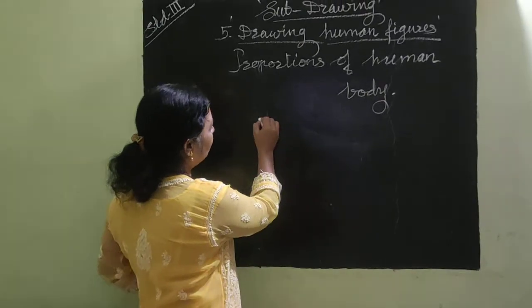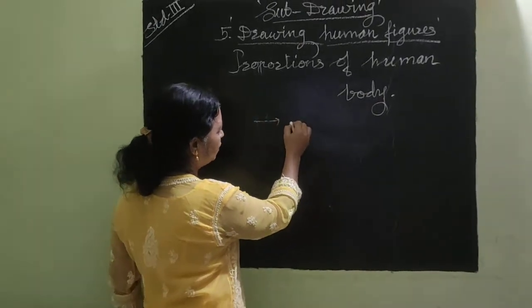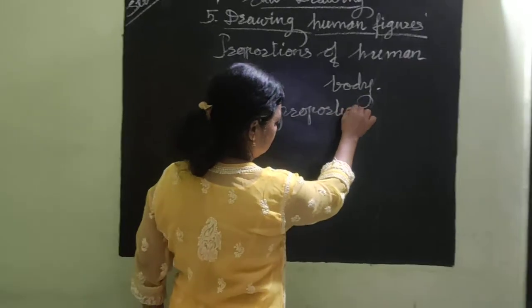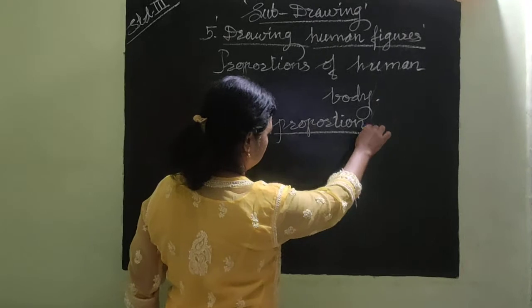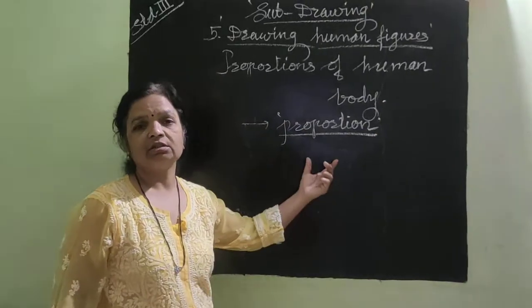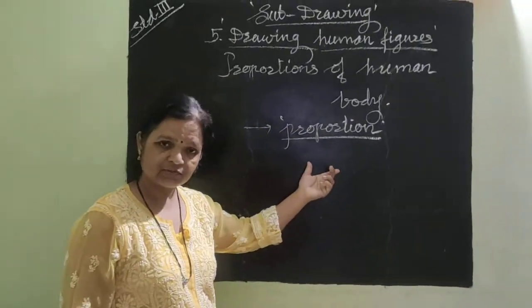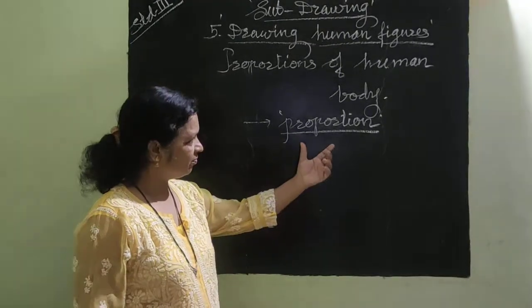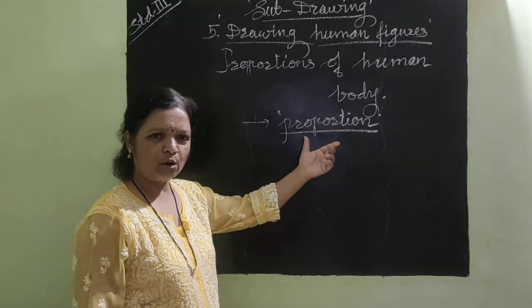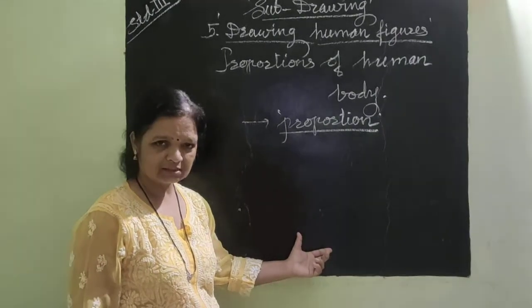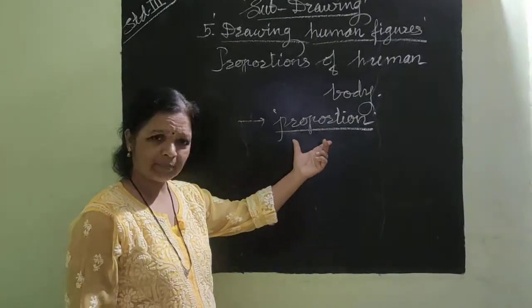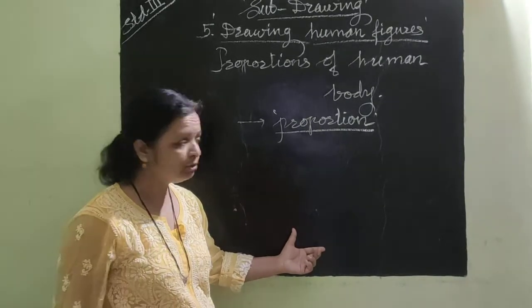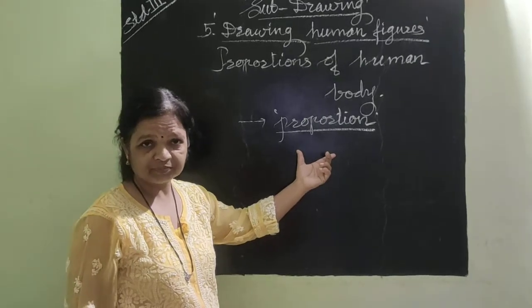When we have to compare, when we have to get proportions, we need a unit form. Understand? So watch our body.